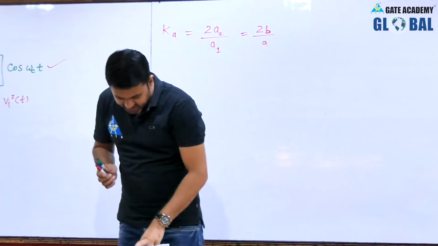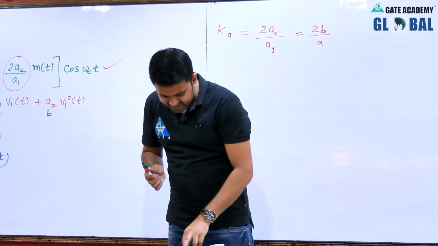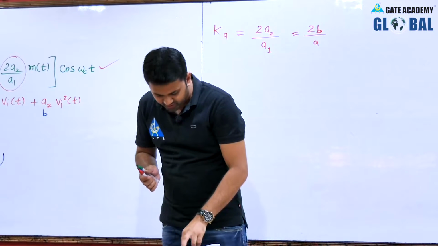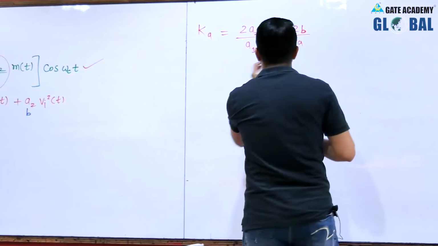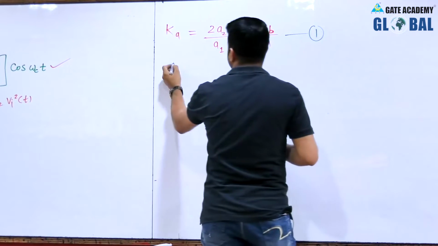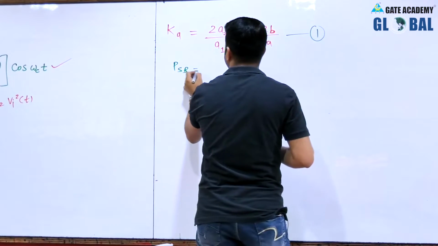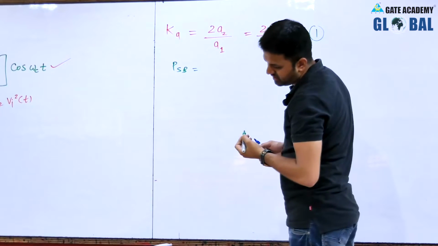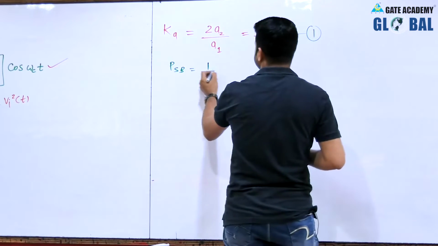Now there is another condition which is given: it is desired to have the sideband power of the AM wave half of the carrier power.